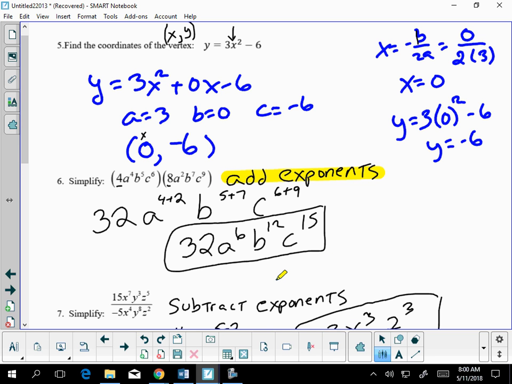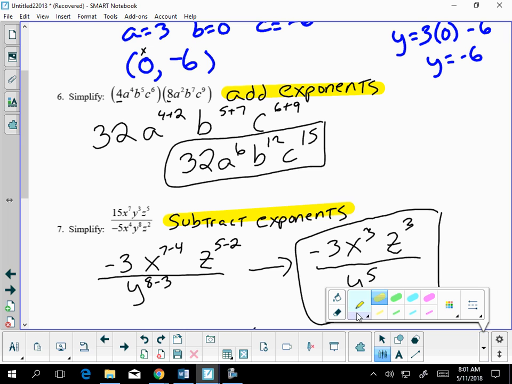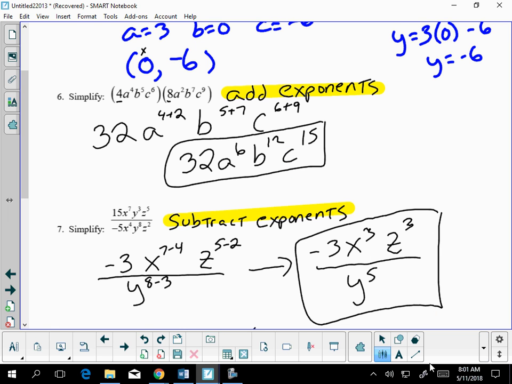On number 7, that's a division problem. On division, you want to subtract your exponents. So here, 15, negative 5, those are not exponents, those are coefficients.